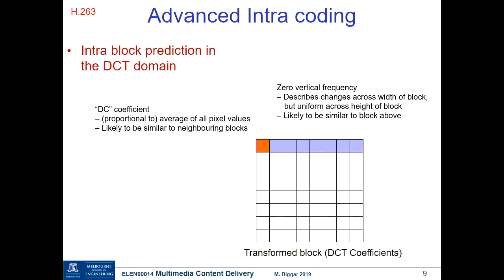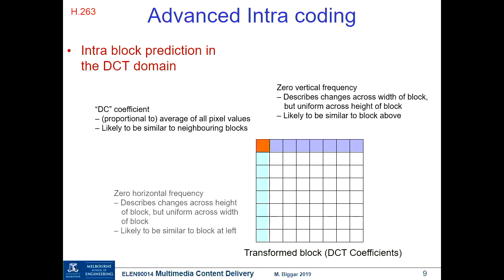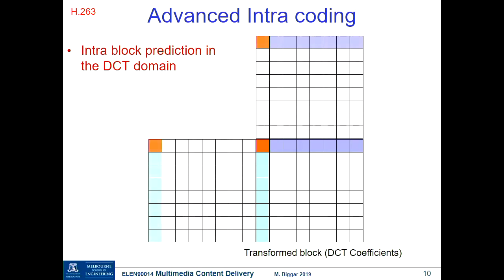And so the idea was that we could predict these frequency components which have zero frequency in one particular direction, in the vertical direction or in the horizontal direction. And so that's this additional technique. We've encoded and transmitted the upper block and this block, and we can predict this row and this column of coefficients based on their neighbours and look for any improved coding performance as a result. Make sense?